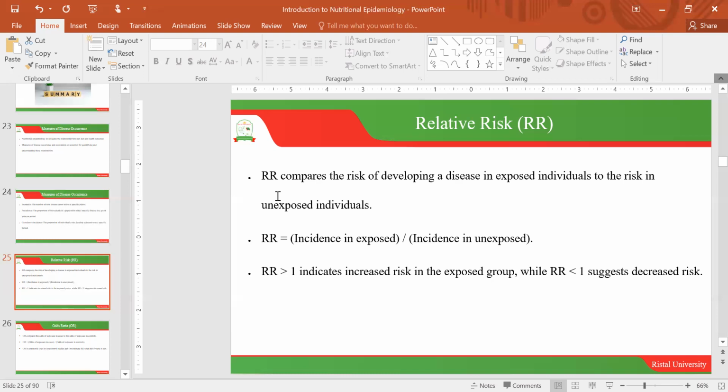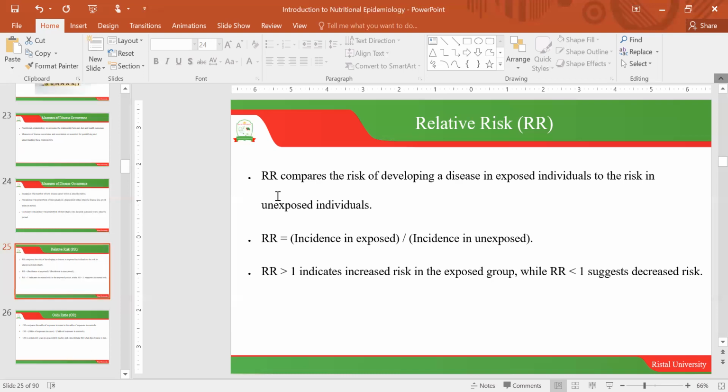If you get an answer which is less than 1, it means that if you take a lot of sugary drinks, you do not have an increased chance of getting diabetes type 2. So that is the first measure of association.